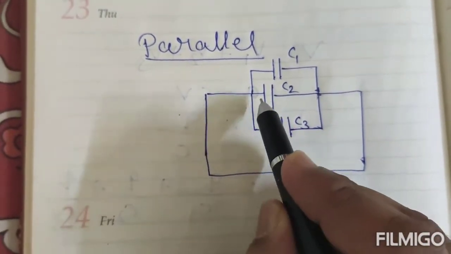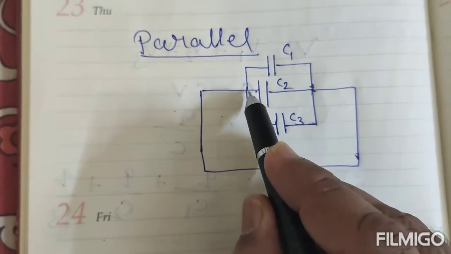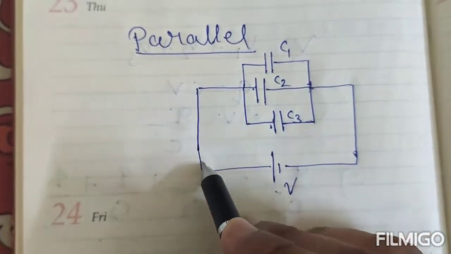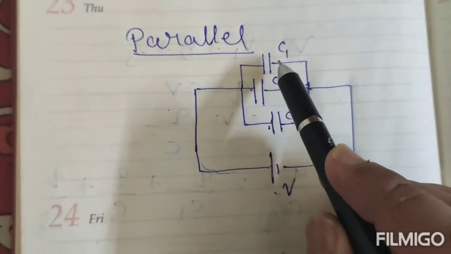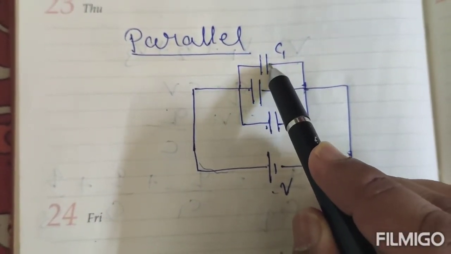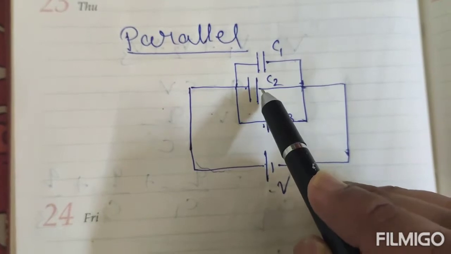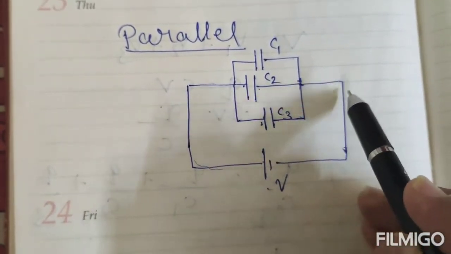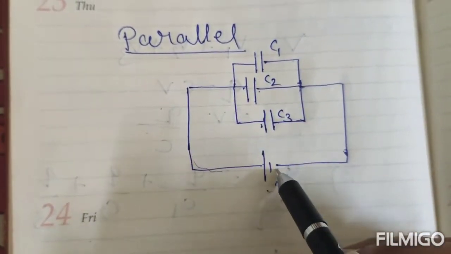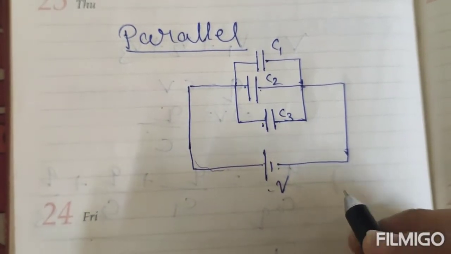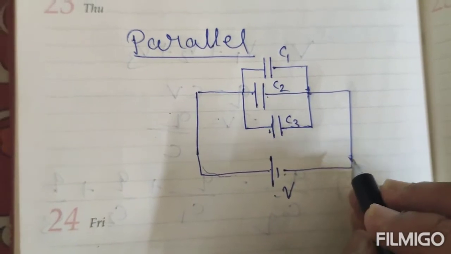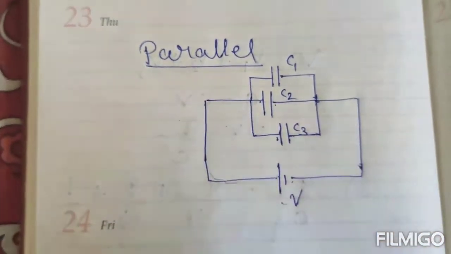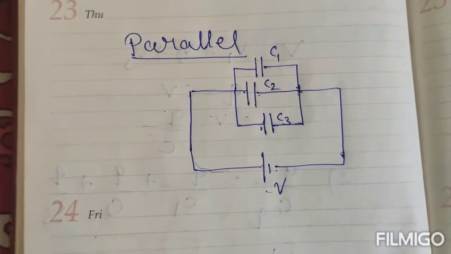The first plate of all the capacitors is connected to the positive terminal, and the negative plates are connected to the negative plate of the voltage supply. This kind of connection is known as a parallel connection.